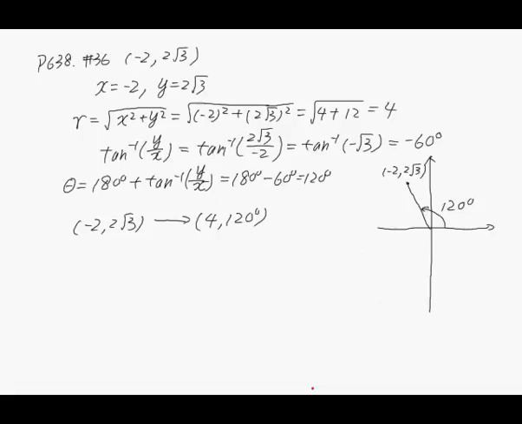Now let's see how we graph a polar equation. Okay, let's look at a simple one. Suppose we have such a polar equation, r is equal to 2 times cosine theta.